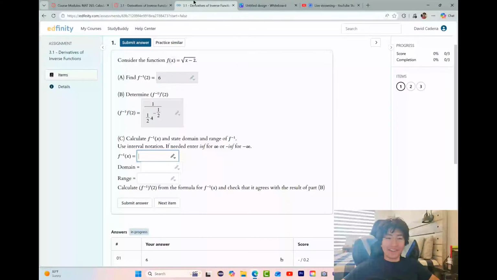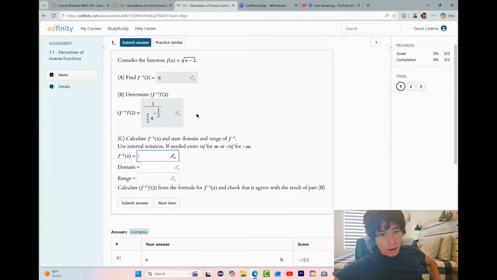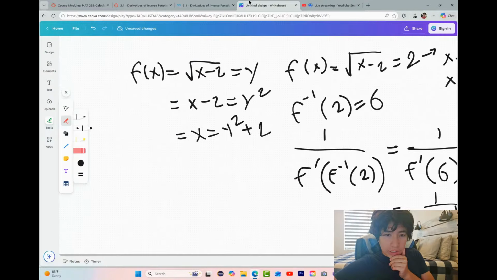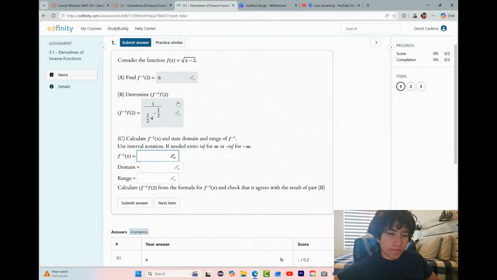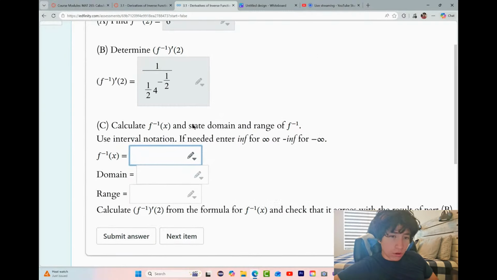Here, I'll go back. Sorry, I just need to finish this question. All right, calculate the inverse of f of x. I'm not sure, I think I'm missing something.